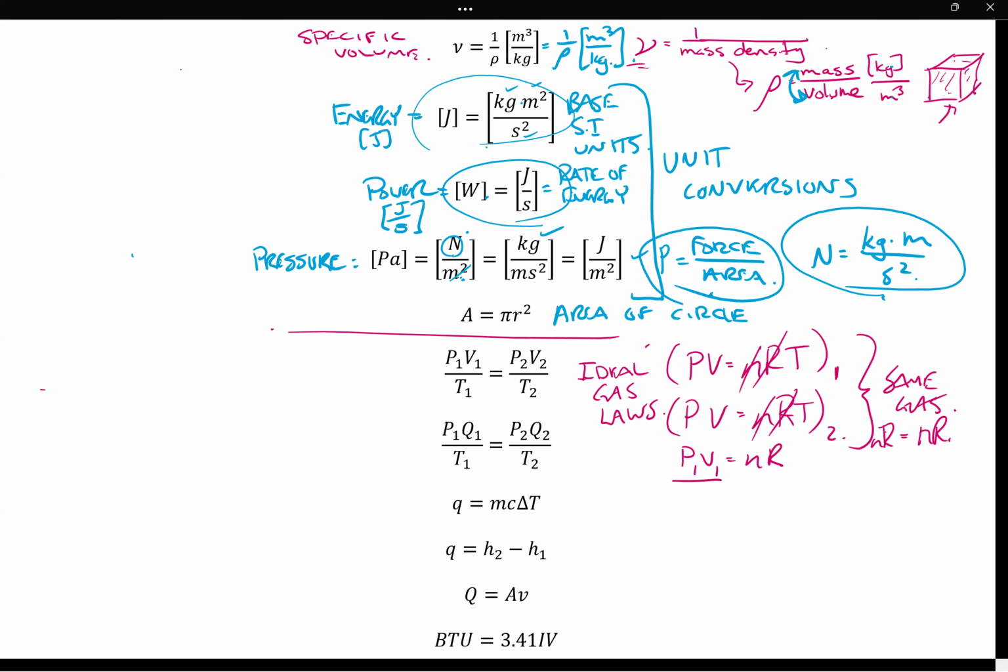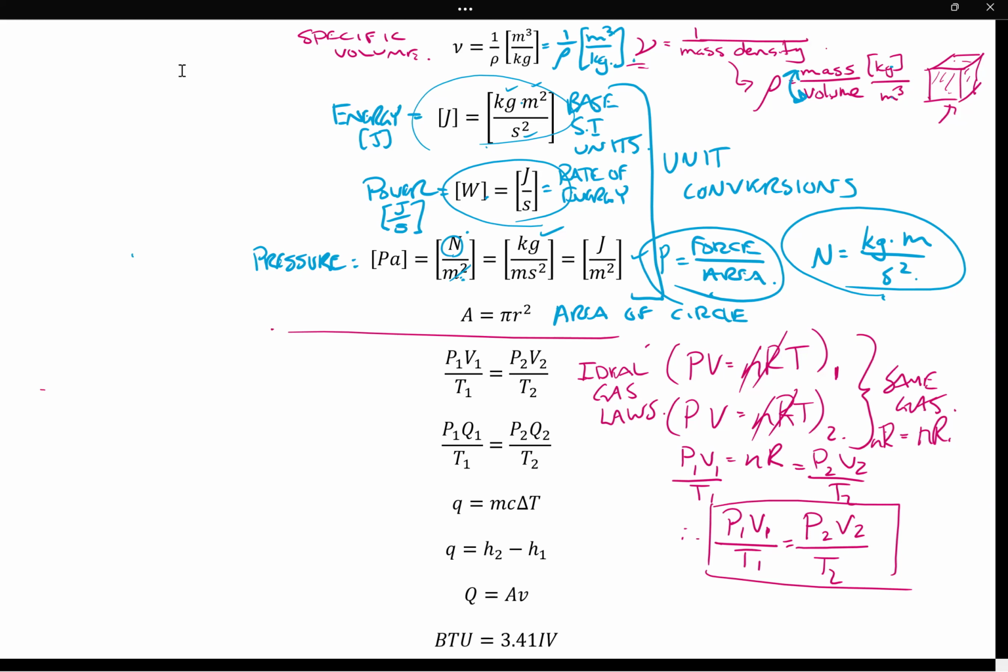So I can go P1 V1 over T1 equals nR, but that also equals P2 V2 over T2, just dividing by T. Therefore, the ideal gas law between two spots in one thermodynamic or mechanical situation would be governed like this. And so that's where I get this equation from.